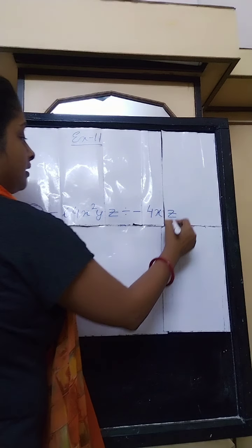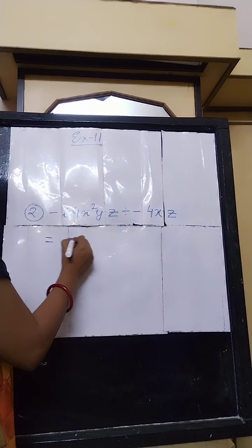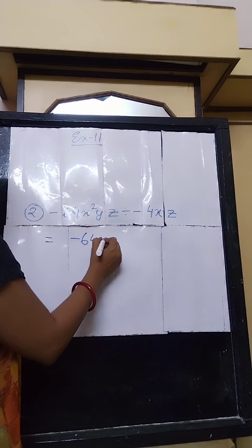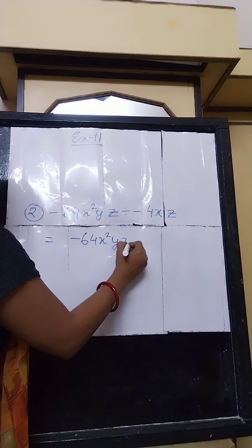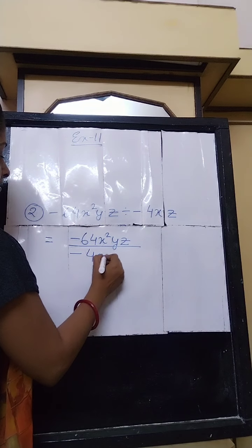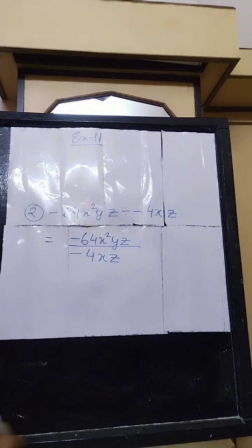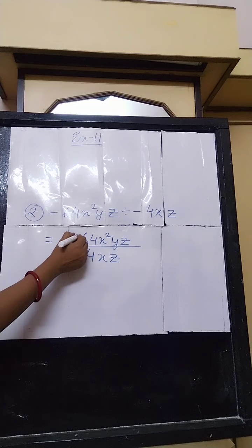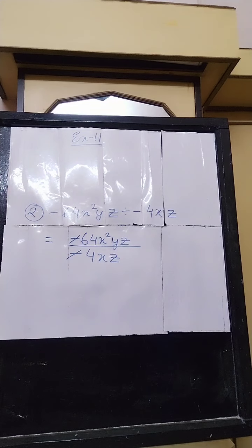So, how will you divide? Let's see. Minus 64x square yz you will write in the numerator, and minus 4xz you will write in the denominator.